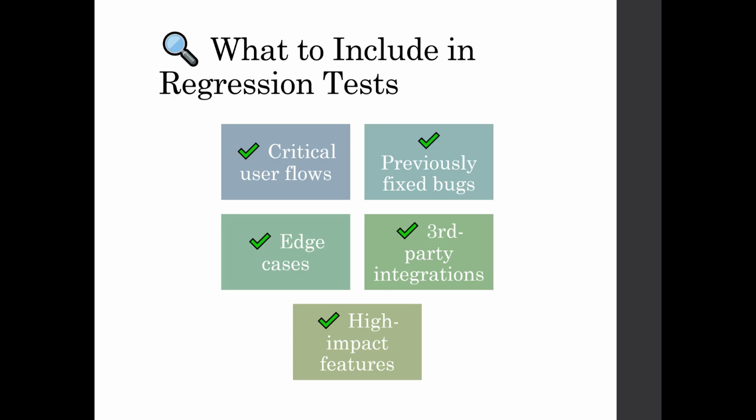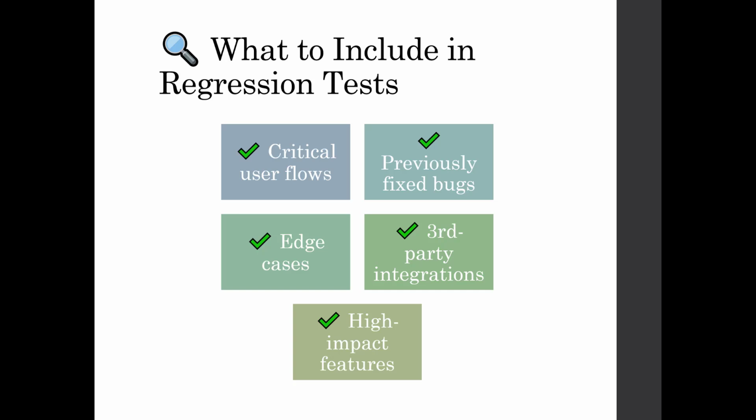So in our regression test, anything we previously fixed and we know is a failure point should be in the regression test. Edge cases. Edge cases are those weird, tricky inputs that might break things, or those things that you say, well, most users are never going to do that. You want to test that.